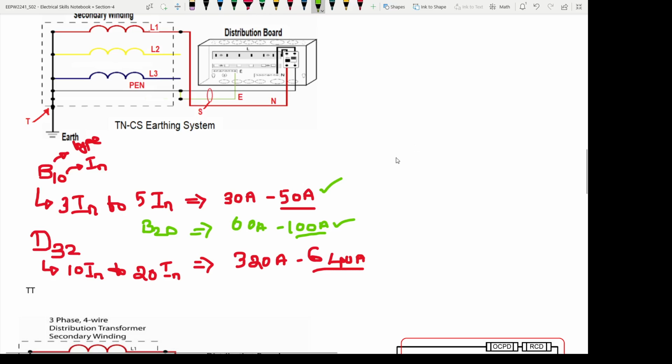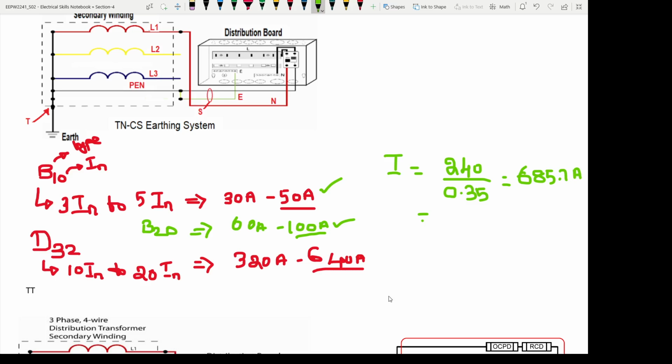I equals 240 divided by, here for the TNCS we usually have 0.35 ohms of resistance. Okay, so this is the loop impedance. So when we calculate the current for this, we get around 685.7 amperes.